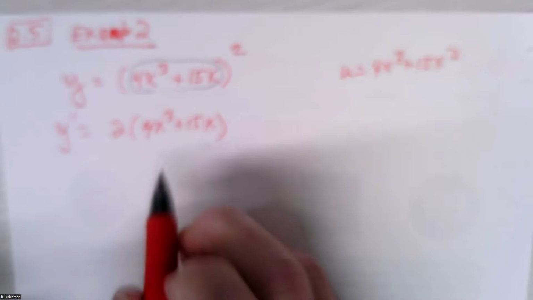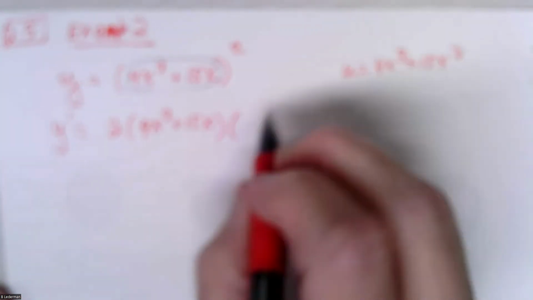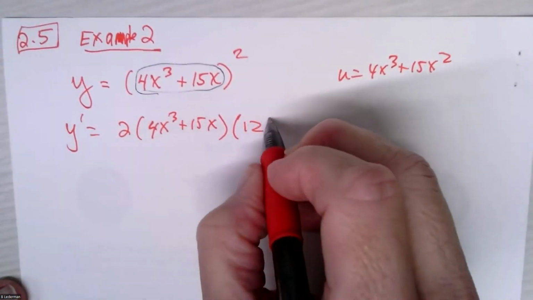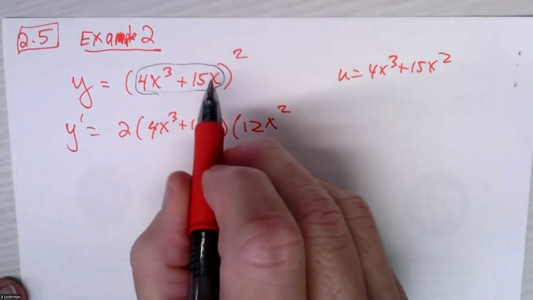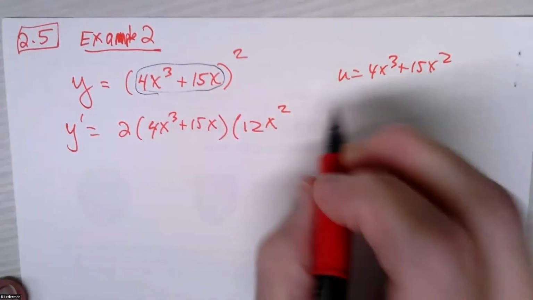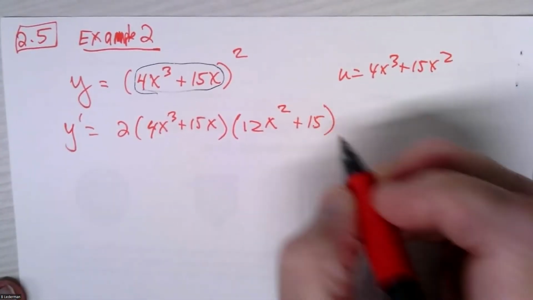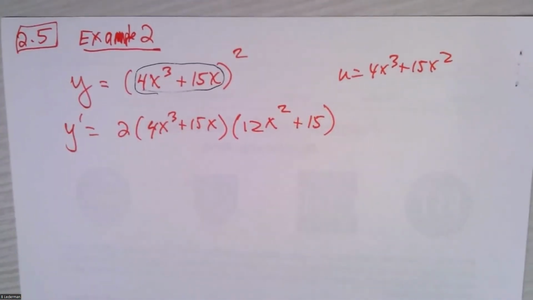Just like the derivative of u squared is 2u, the derivative of this blob squared is 2 times that blob, now times the inner derivative, meaning the derivative of this inner blob. 3 times 4 is 12, x to the second power, and the derivative of 15x is just 15. And pow, that's our answer. That's it, we're done.